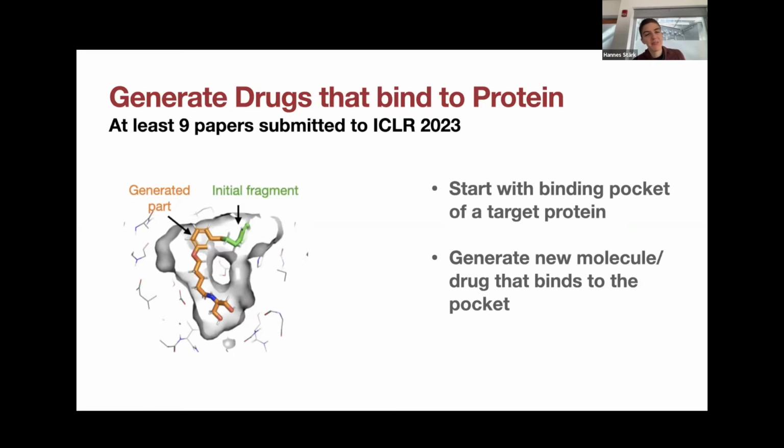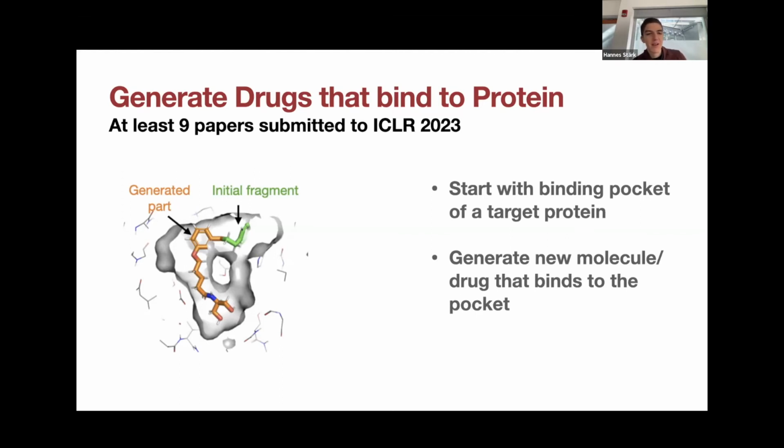Then we can also start with the pocket of a protein where we think that a small molecule could bind, or where we know that if something binds there, then it would be a drug and might inhibit the function of the protein or increase its function or change its function.